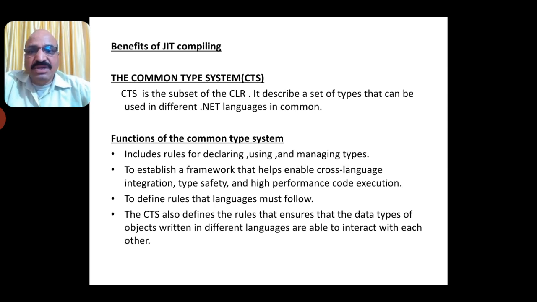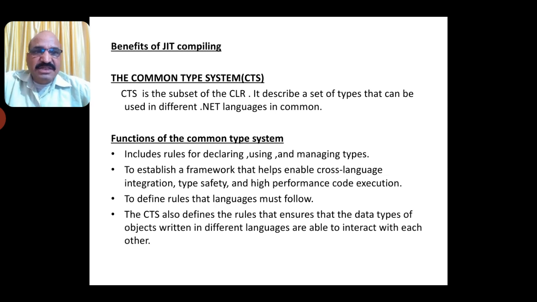It defines rules that languages must follow, which helps ensure that objects written in different languages can interact with each other. The CTS also defines the rules that ensure that the data types of objects written in various languages are able to interact with each other.